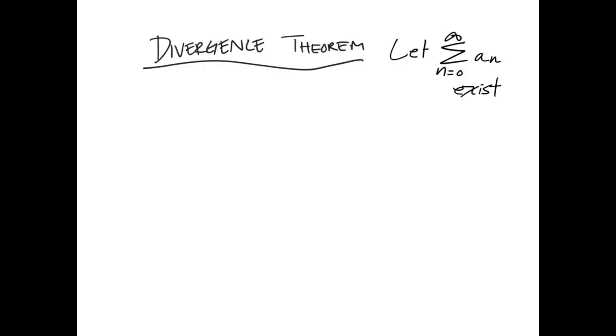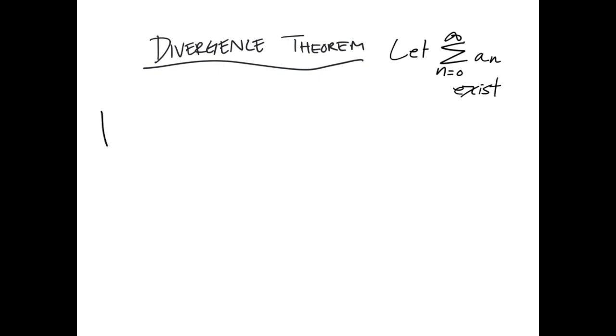The difference in thickness was bothering me, so I switched back. But the divergence theorem is one of the more powerful and useful theorems we have, just as far as a quick check. And it can prevent us from doing a lot of extra work.